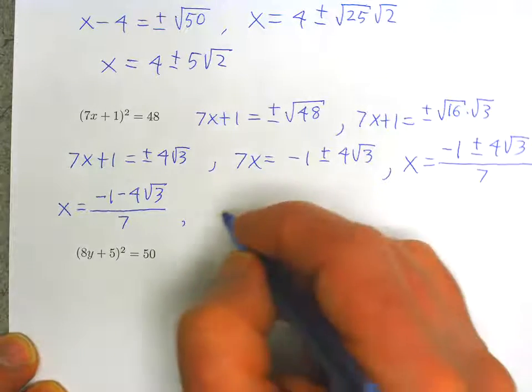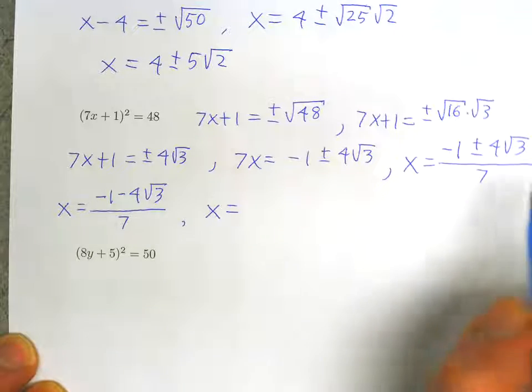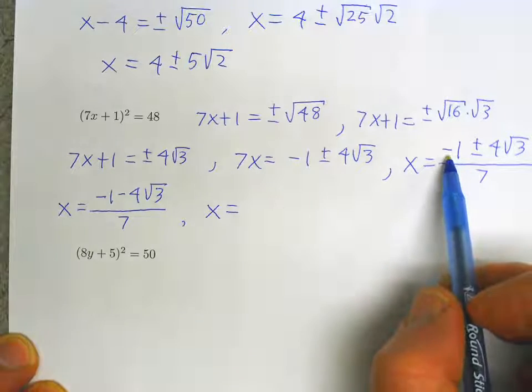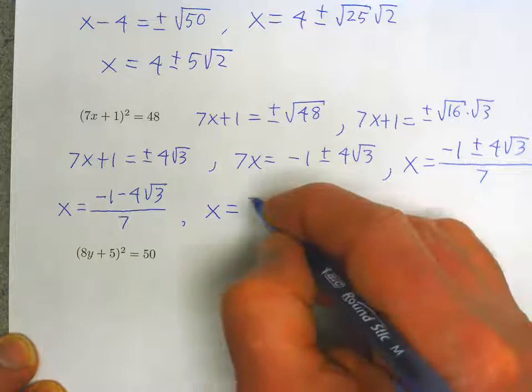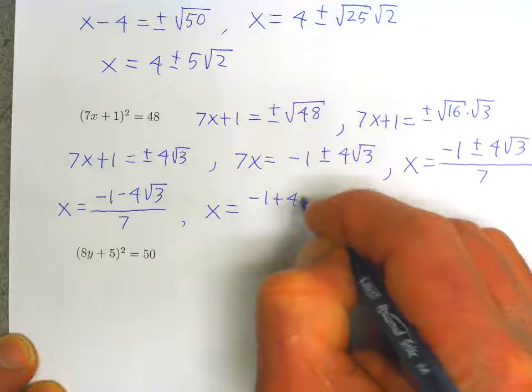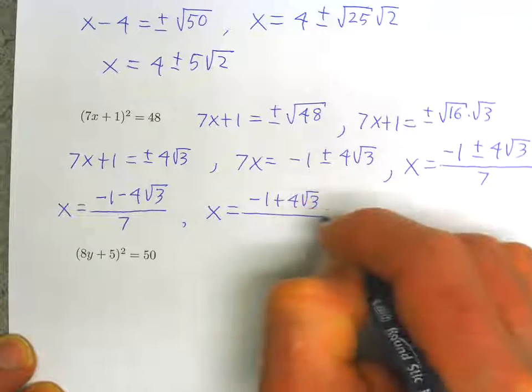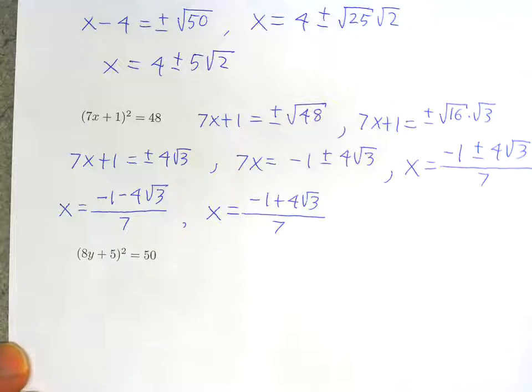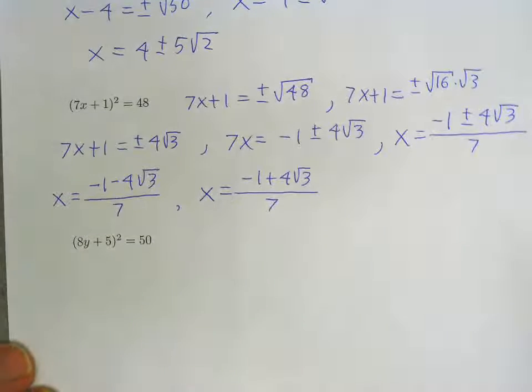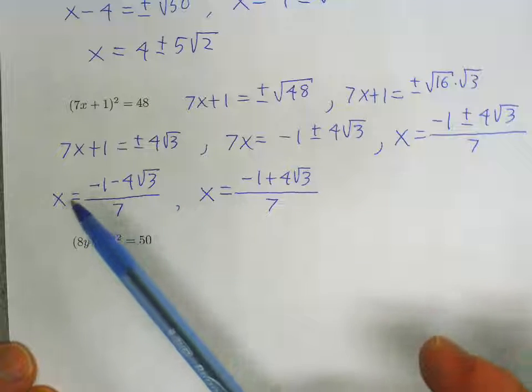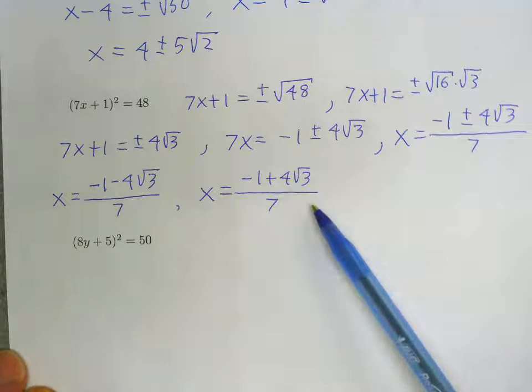And the other solution, in the numerator, negative 1 plus 4 times the square root of 3, everything divided by 7. Either way should be okay, but you should know how to write the solutions separately.